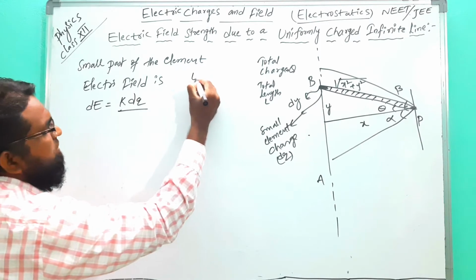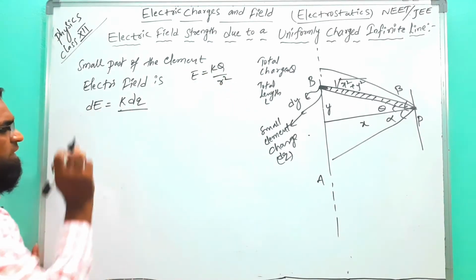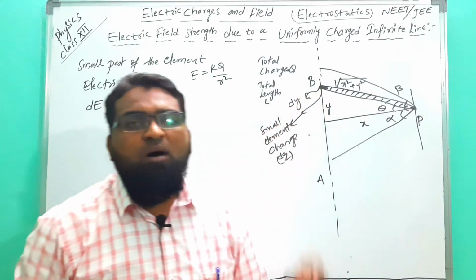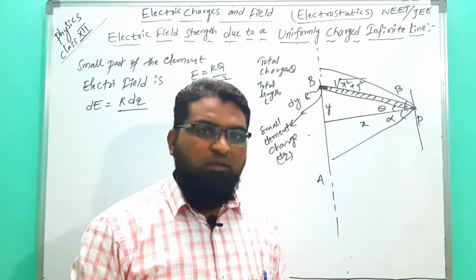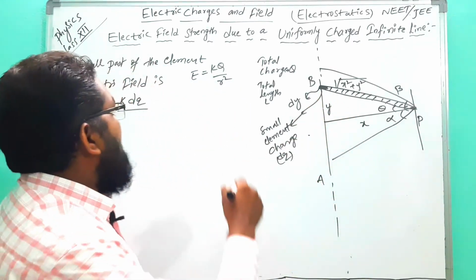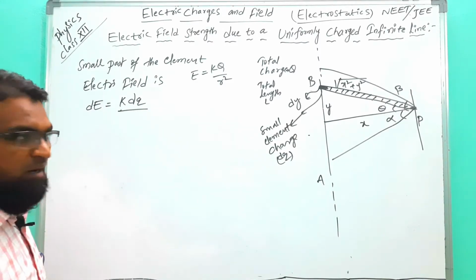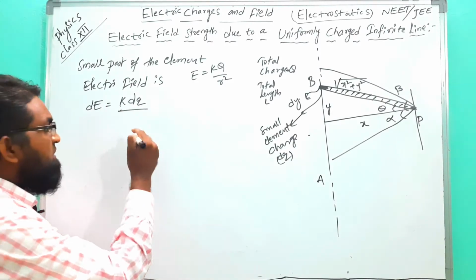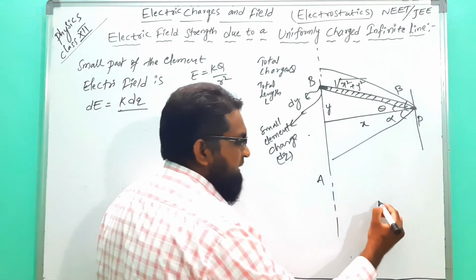Actually the electric field definition is E equals kq by r square. Here dq means the small element of the charge. Very simple, don't confuse this. The total charge is q, the small element of the charge is dq. Here k means 1 by 4 pi epsilon naught. This point is also clear.